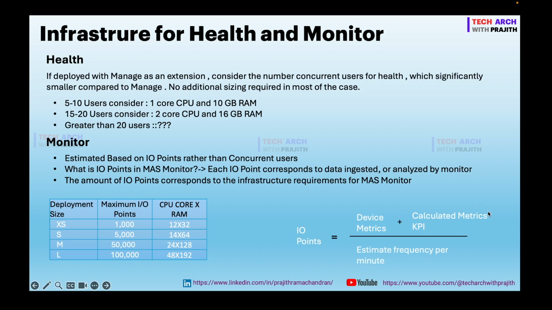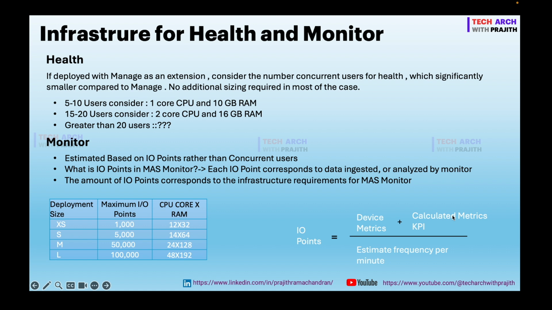And the calculated metrics is the calculation, right? Suppose I want to see a median or mode of some data or some other calculation. These are metrics. So I can define the number of metrics per device, right? So if I define 3 metrics, that means in my example I have 3 devices, 3 times 3, that is 9 metrics in total.